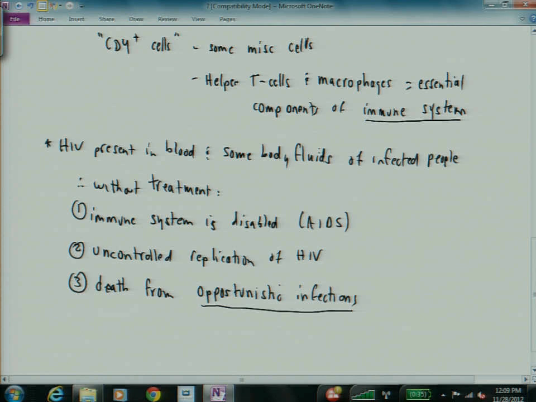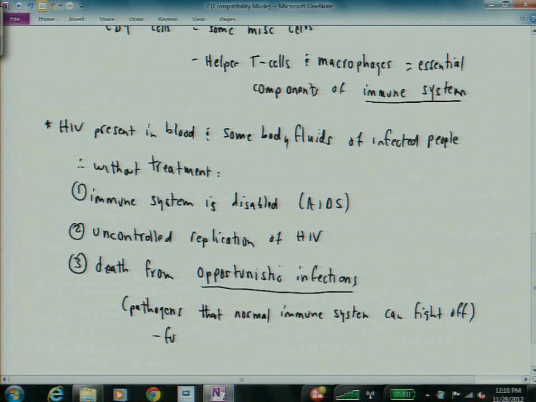So these are pathogens, disease-causing organisms, that a normal immune system can fight off. So for example, there's a fungal pneumonia. There's also tuberculosis.